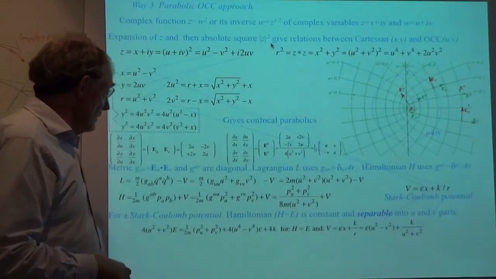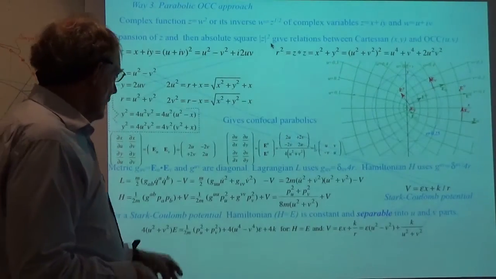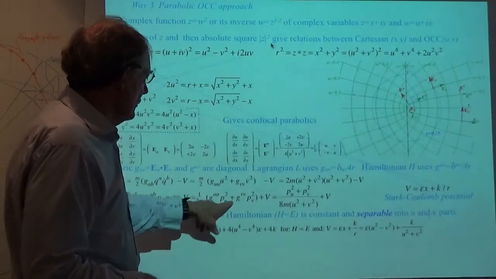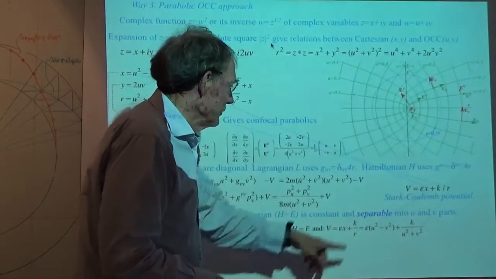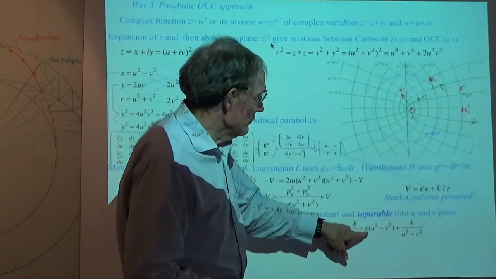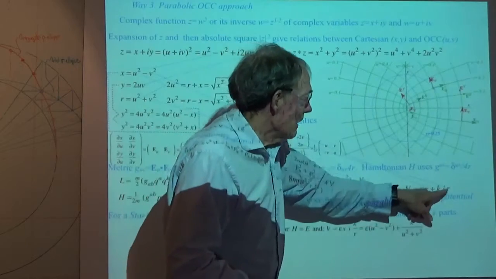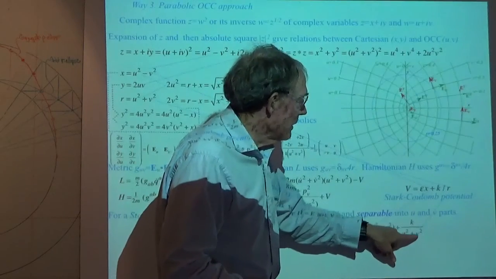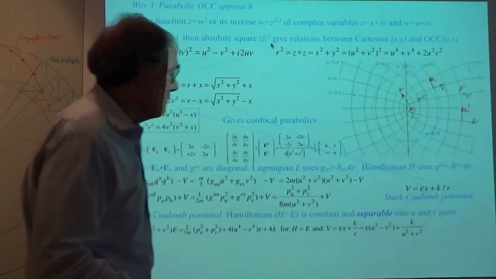So what we're seeing here is the kinetic part, which is this thing, and then the potential part, which is this thing. We're going to write the potential part just as u squared minus v squared for the x, and then r is u squared plus v squared, but it's sitting in the denominator for Coulomb.